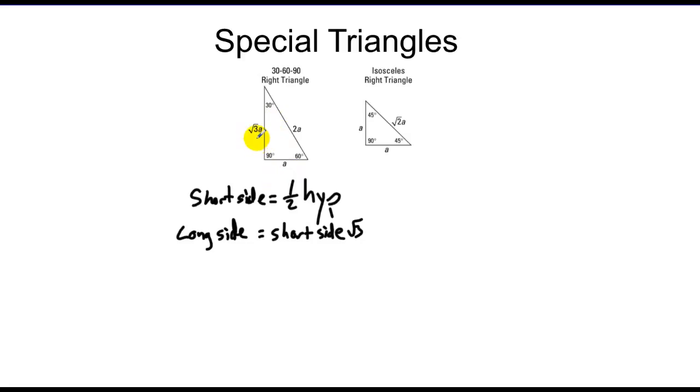So the long side equals the short side, which is a, times root 3. In isosceles right triangles, we know that the hypotenuse equals the side times root 2. And you can see that in the picture as well. Here's the side, and here's the hypotenuse, and the hypotenuse is the side root 2.